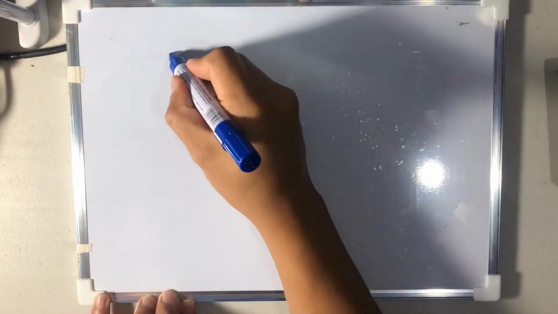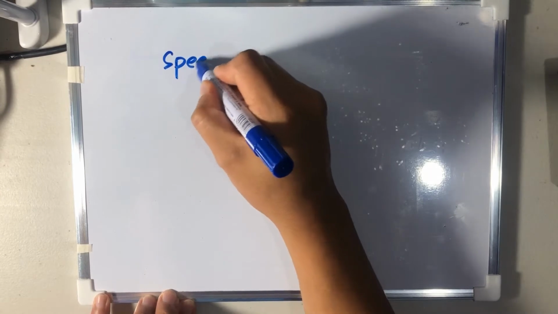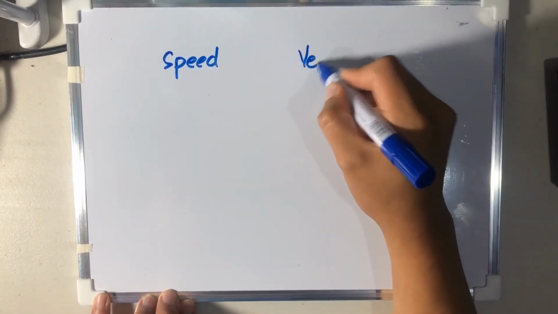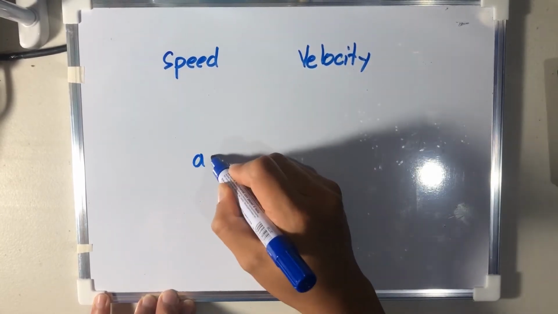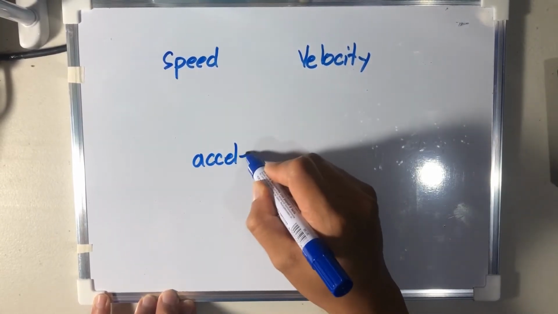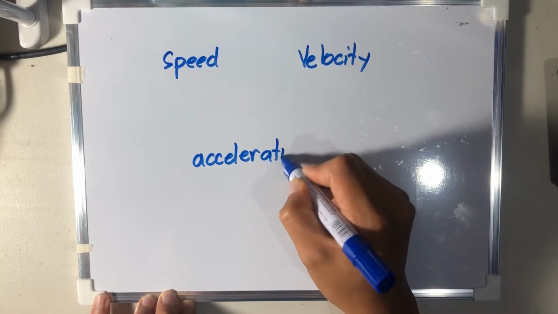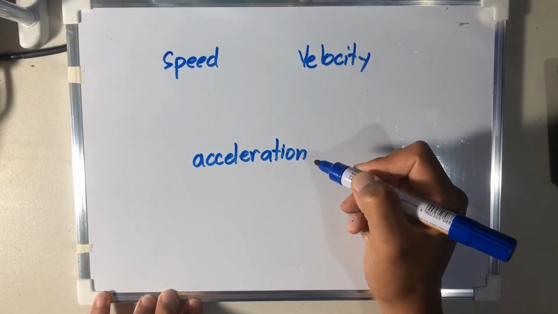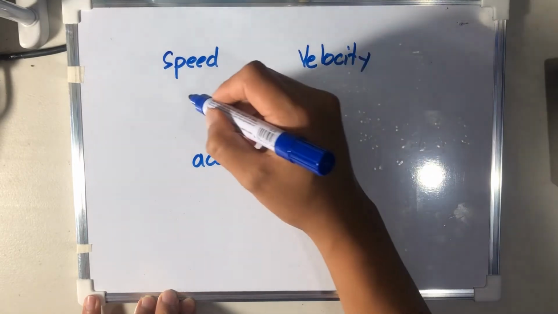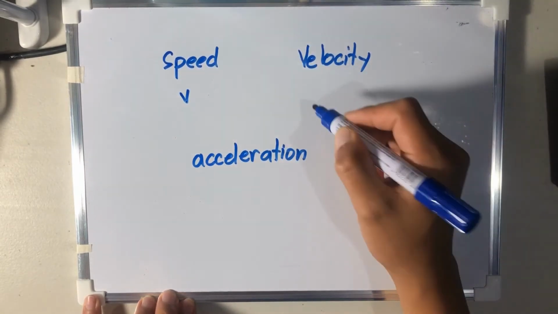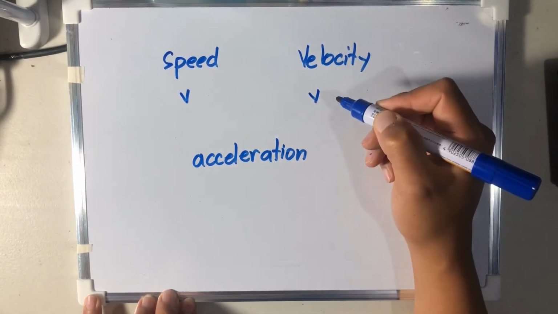We will now discuss speed, velocity, and acceleration. These different quantities are denoted by letters. The letter that we will use for speed is v, and for velocity it is also v.